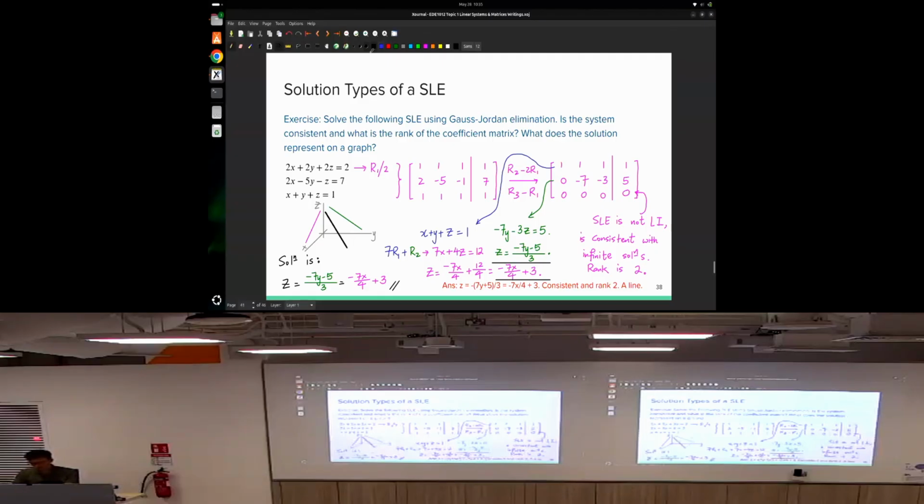This is the solution. This is the intersection space, the intersection line between all 3 planes, or effectively 2 planes. Because the rank is 2, only got 2 planes. So 2 planes intersect at this black intersection line, right? So these are projections. This one is projected onto the zy plane, looks something like that. And this one is another projection.